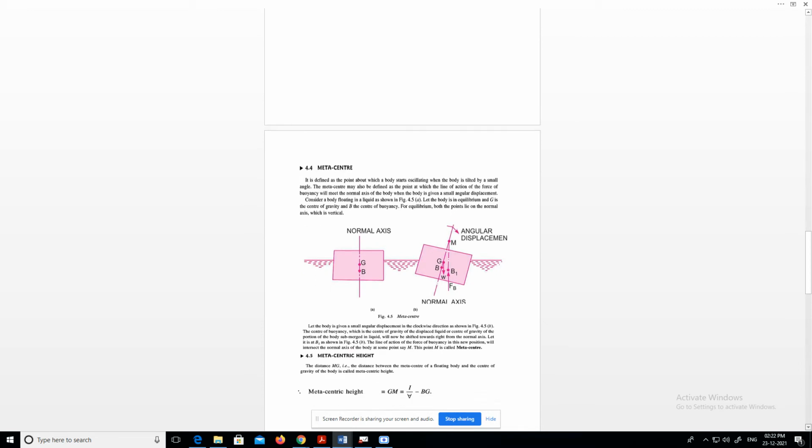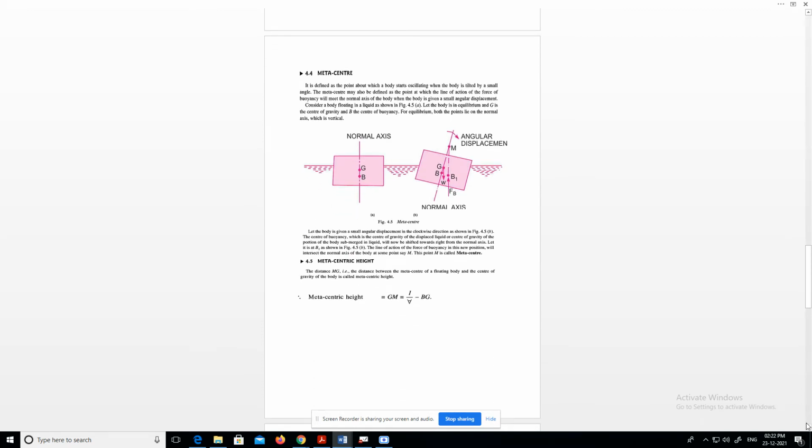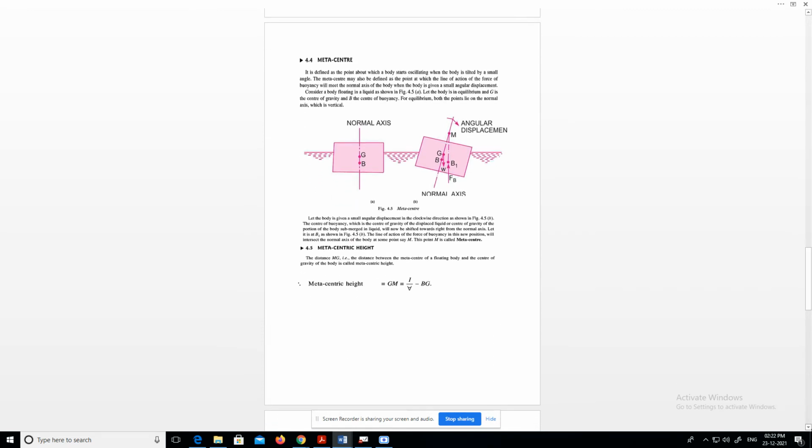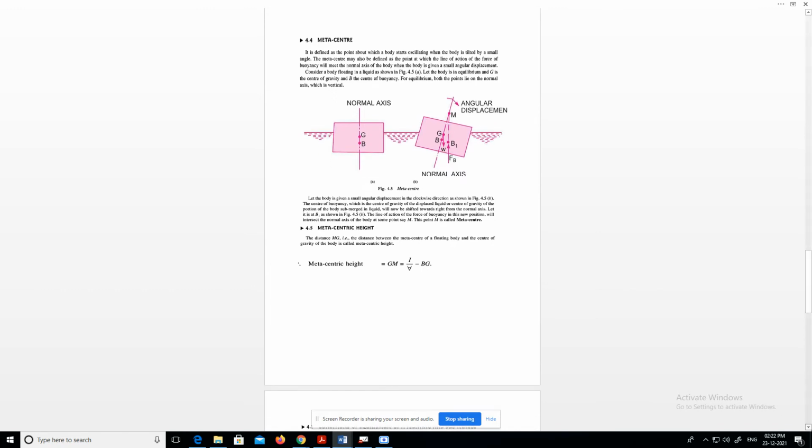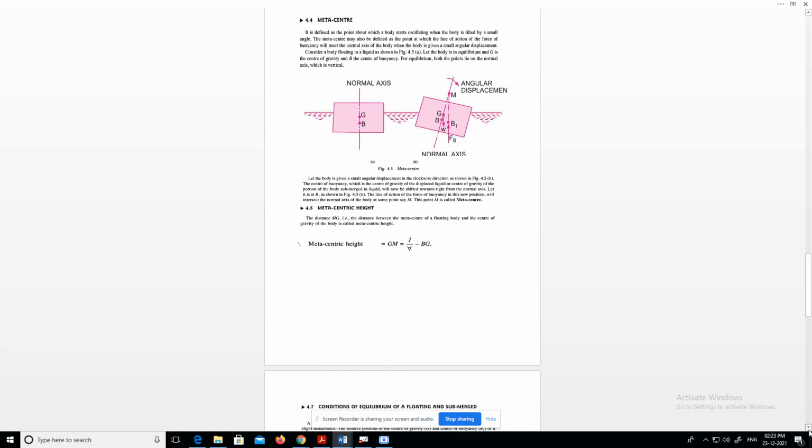Now we will move to another topic, that is meta center. What is meta center? It's the center about which the body starts oscillating continuously. That kind of center is called the meta center. The meta center applies only to a floating body. In case of a submerged body, we speak about the center of buoyancy.